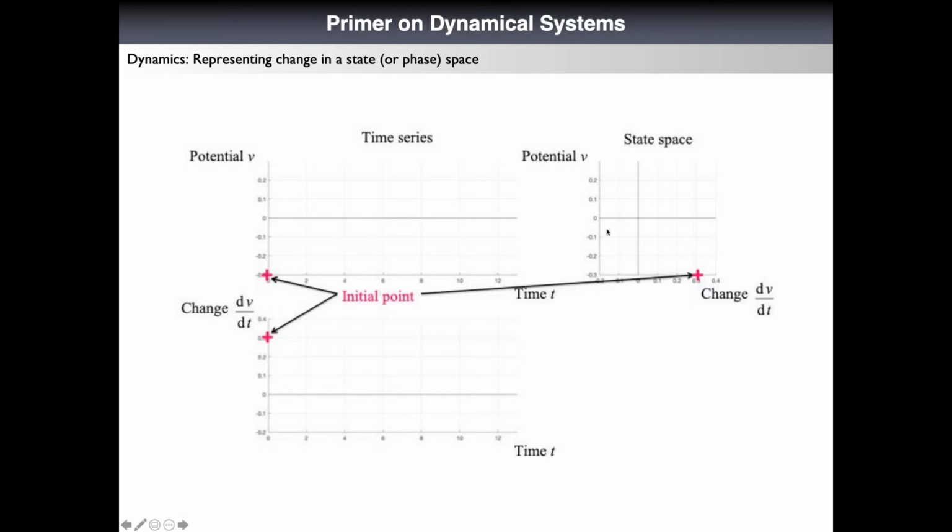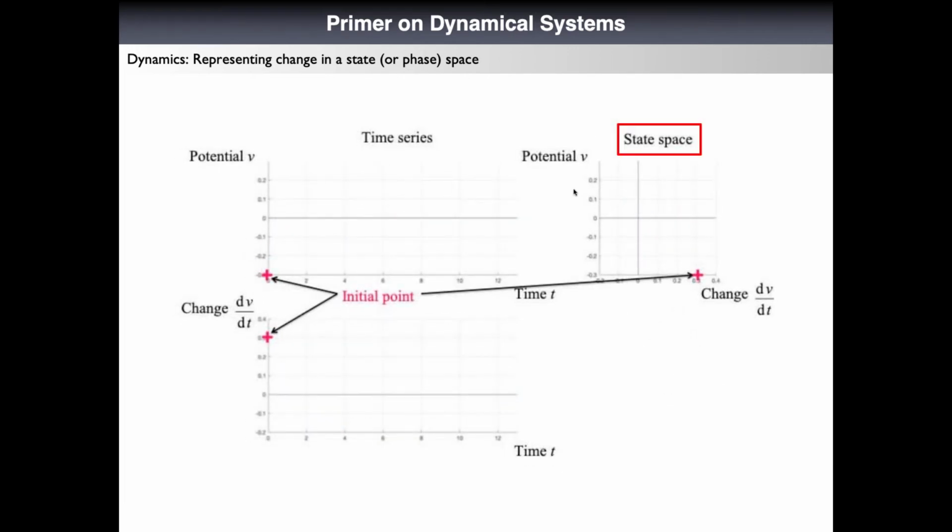For instance, let's start from the beginning of the movement here, and let's try to represent it in a space spanned on the horizontal axis by the derivative, and on the vertical axis by the potential.